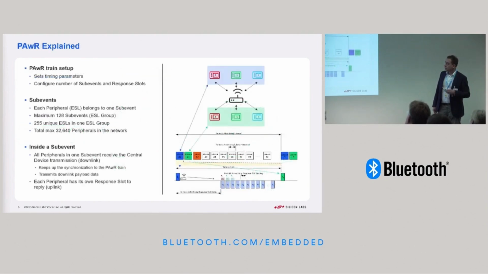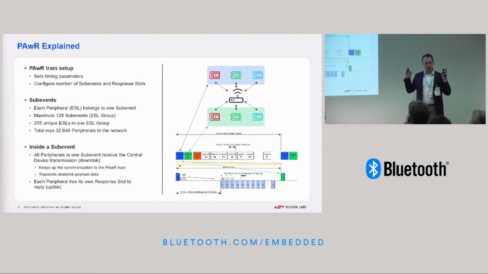If we look inside PAWR, there are three key items to remember. First, you start the PAWR train. The access point defines the timing parameters: how many devices you need to support, how many sub-events there are, and the timing of all these sub-events.